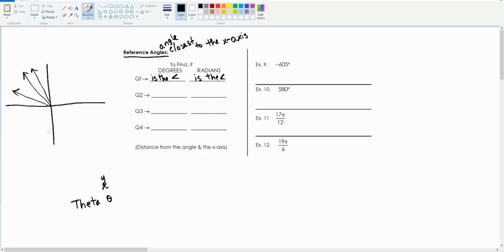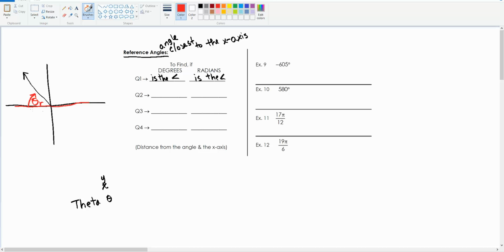The whole point is that you have an angle in quadrant 2. Now, where's the x-axis? Your x-axis is here, and your x-axis is here. Where is it closer? From here to here, or from here to here? You can see that this one is closer, right? So this one is going to be the reference angle. We'll call this one theta sub r for reference angle.